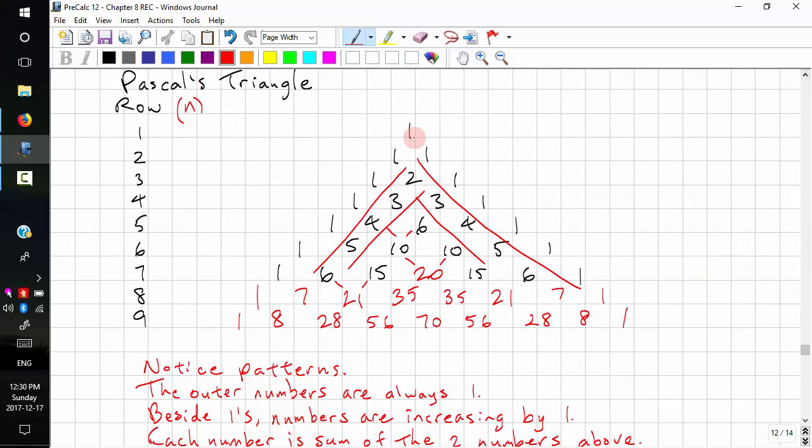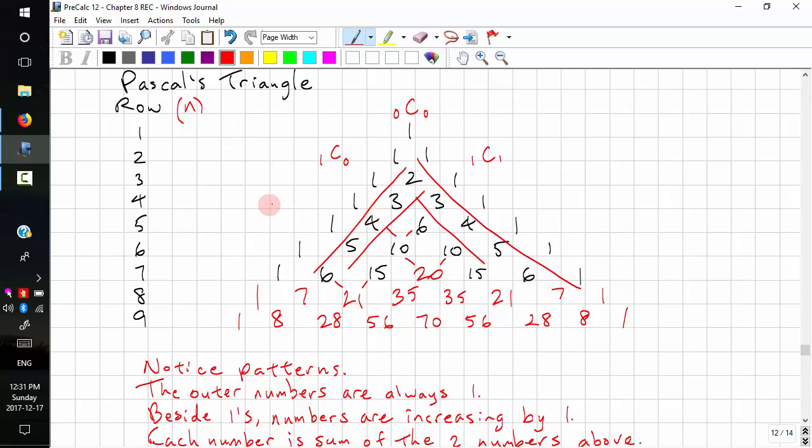Okay, the first row and the first term, we have 0 choose 0. That's 1. In the second row, we have 1 choose 0 for the first term, and 1 choose 1 for the second term. And let's just illustrate this further.